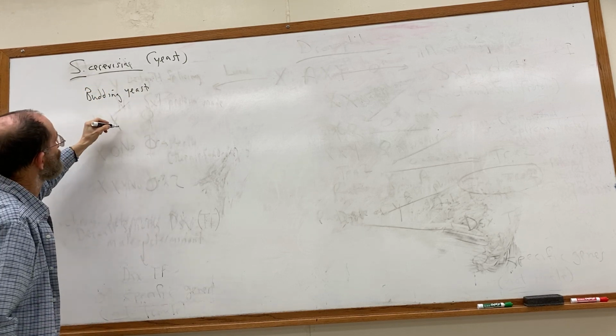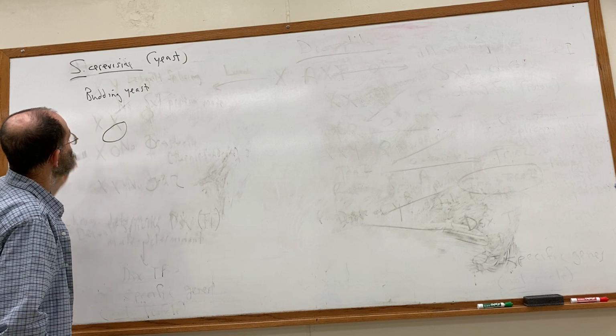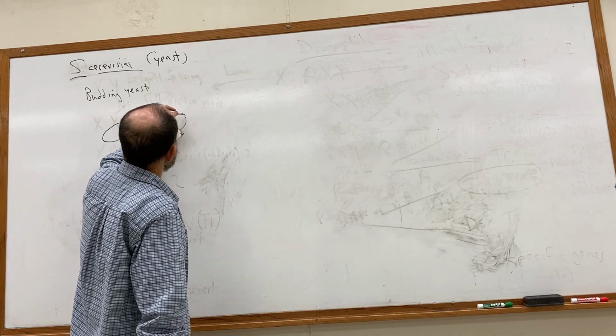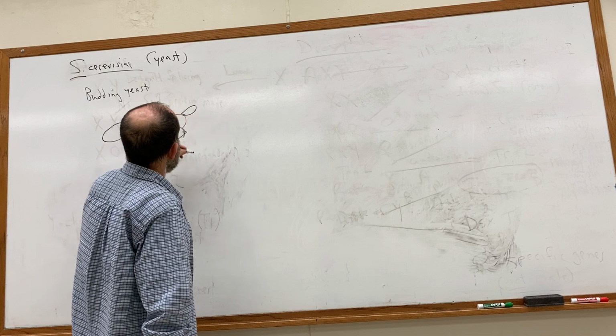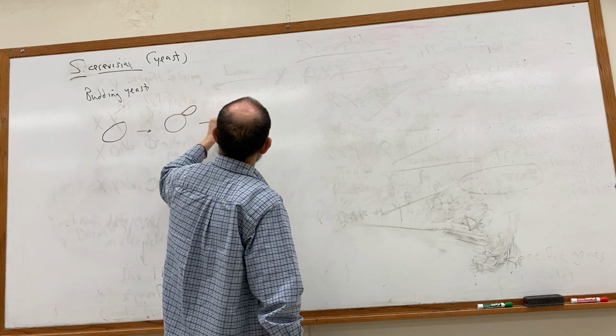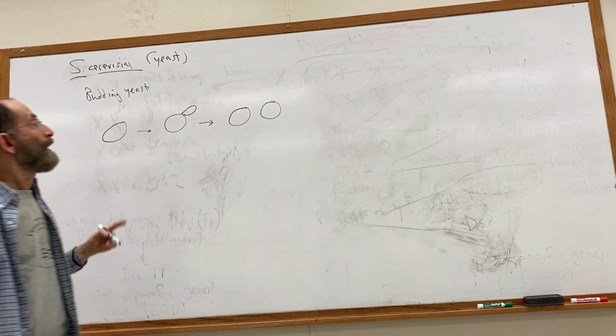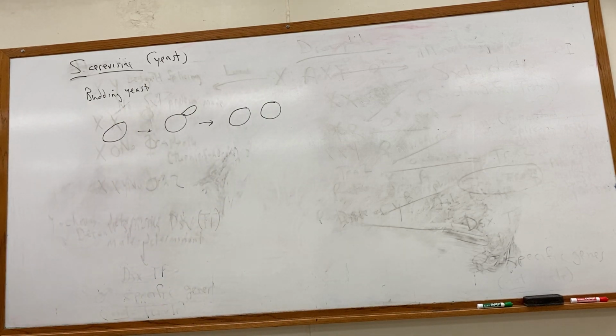So they reproduce by cells that look like this. And when the cell is going to reproduce, you get this kind of a budding pattern, and then eventually you have the original cell and the daughter cell, which separate after budding.